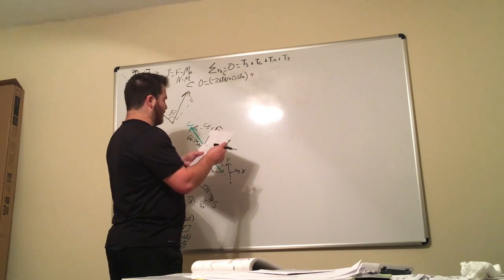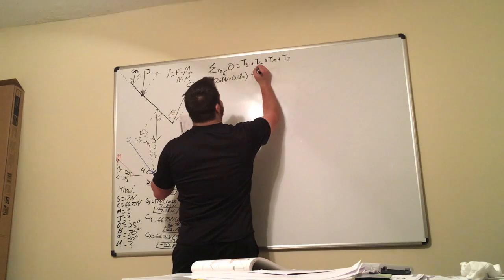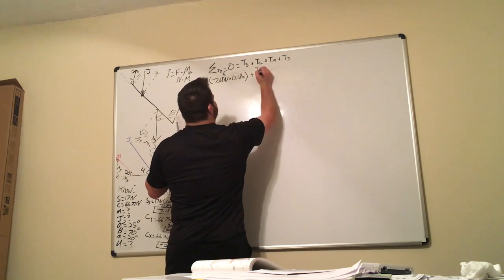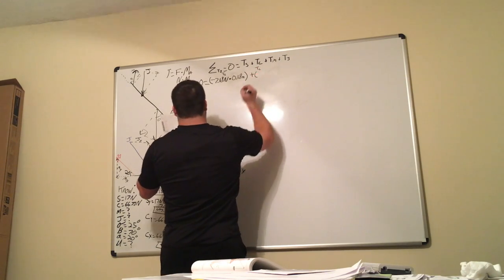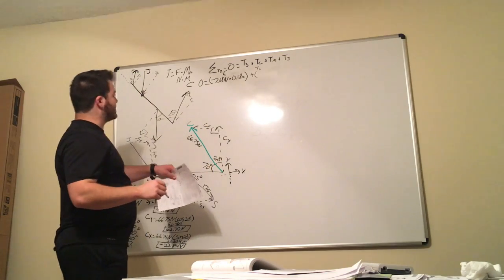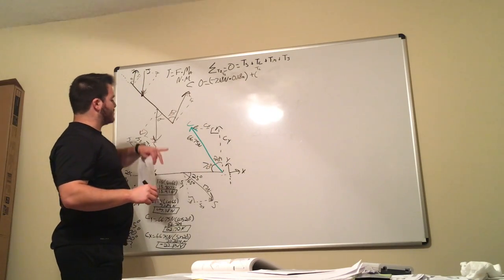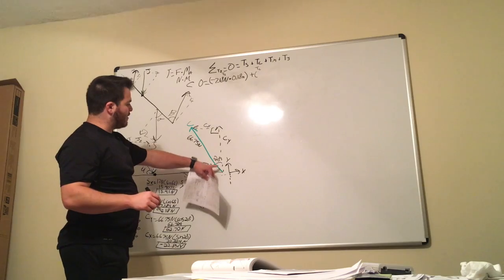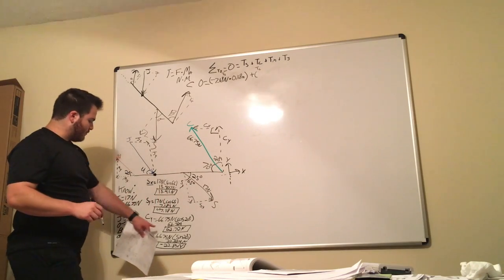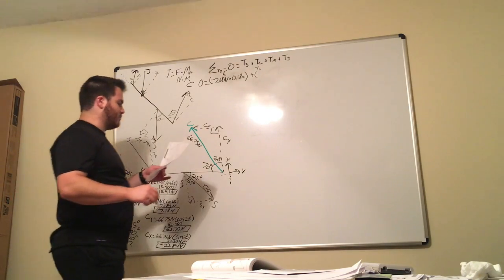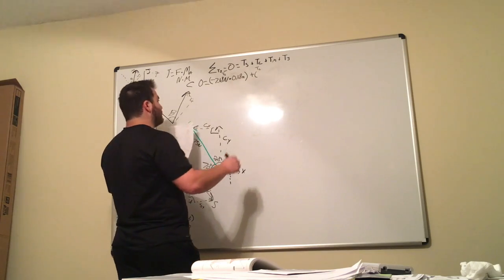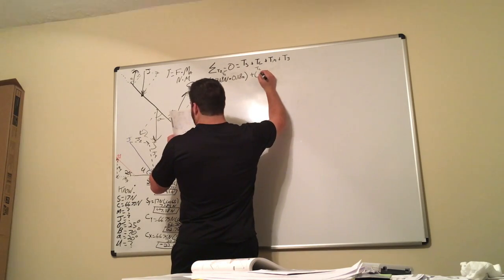Then we have our torque at C, and that is going to be, so we have our force, remember, because our torque is our force, C of Y going up. So C of Y is 62.72 newtons.